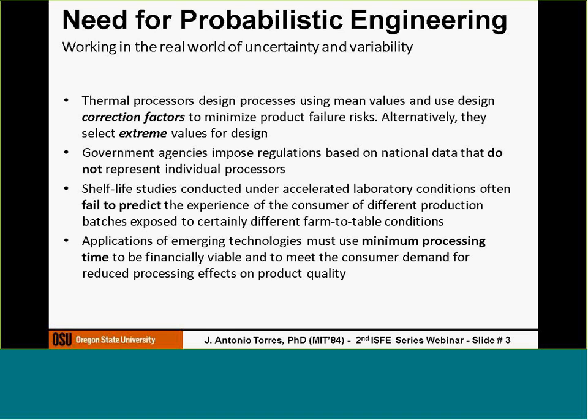This national situation may not, and most likely does not, represent the situation of individual processes. So the processor makes an attempt to reduce initial load by improved sanitation technology, and she may not benefit from the effort.